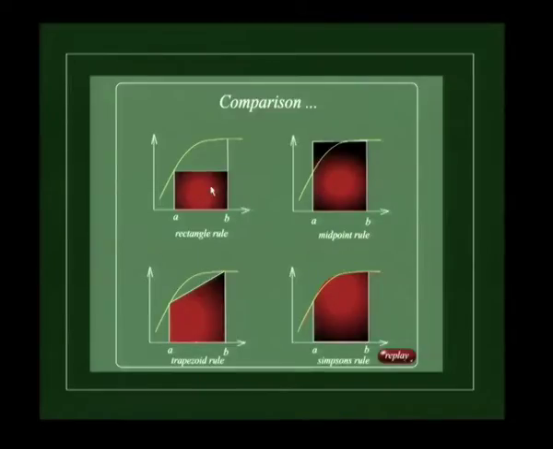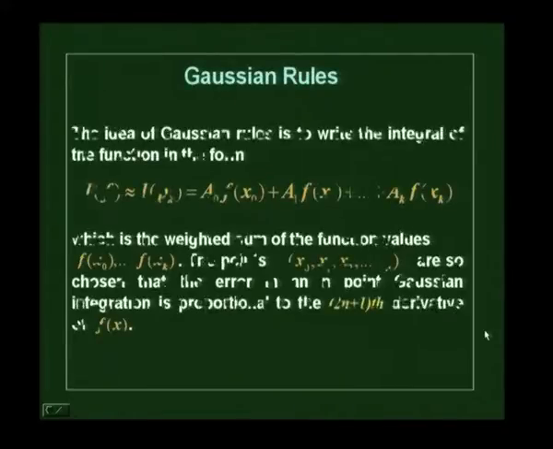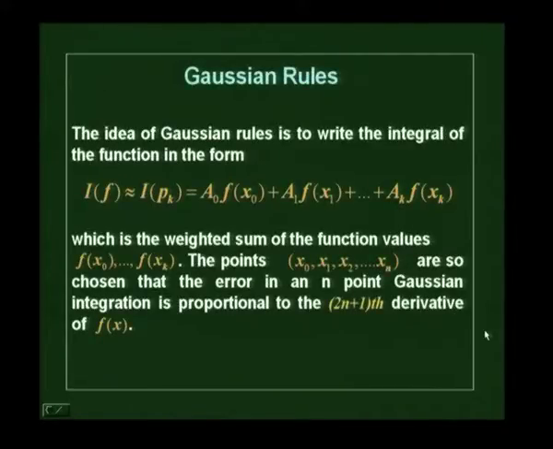You could have the area under a rectangle, the area under a trapezoid, the area under another rectangle, but now centered at f of (a plus b) by 2, and the area obtained by fitting a curve of second order polynomial through these points. Okay, so that's a summary of the rules which we have seen, of this simple polynomial approximation.